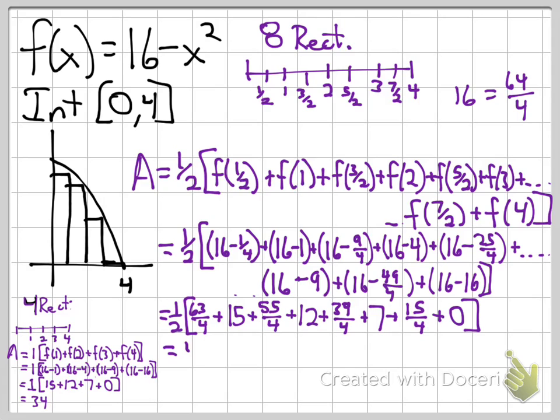So together, the whole numbers, I have 15, 12, and 7, which is 34.